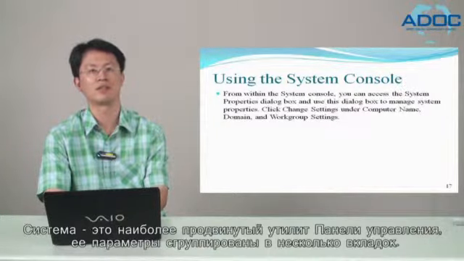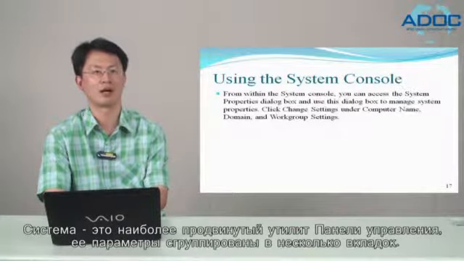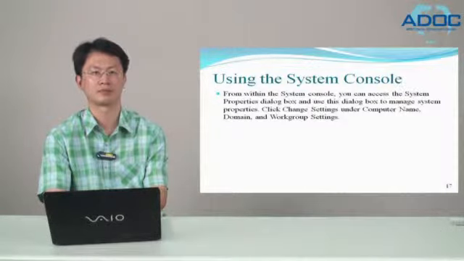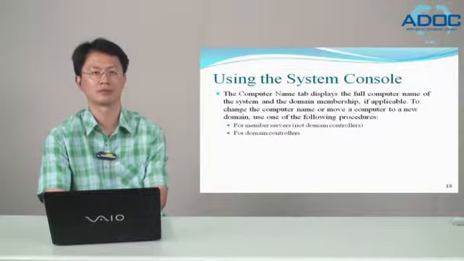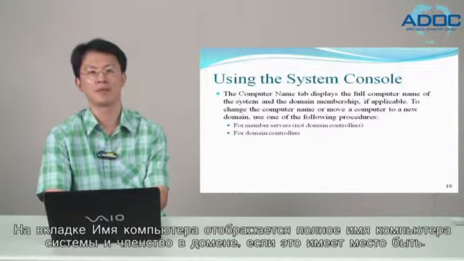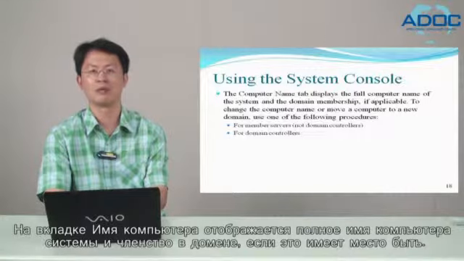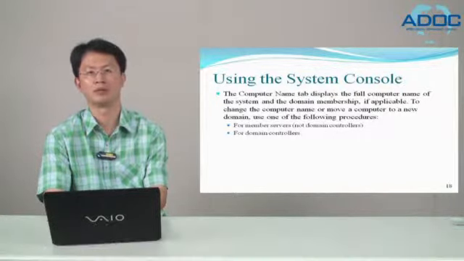System is the most advanced Control Panel utility, and its options are organized into several tabs. The Computer Name tab displays the full computer name of the system and the domain membership, if applicable.